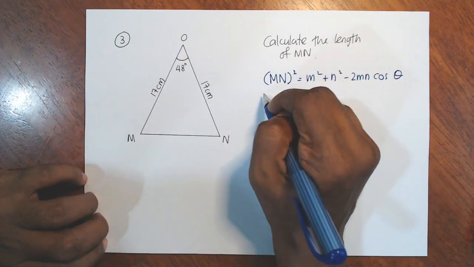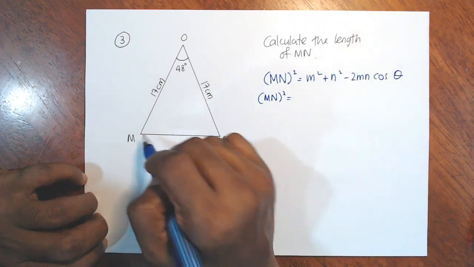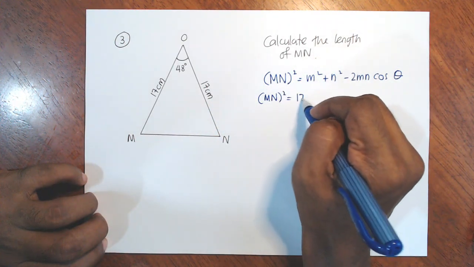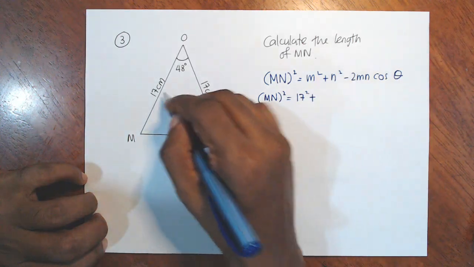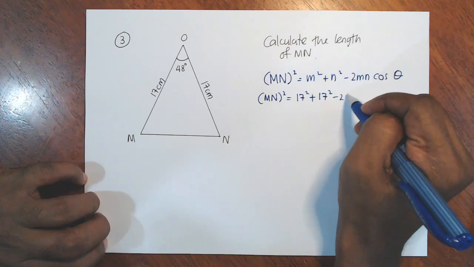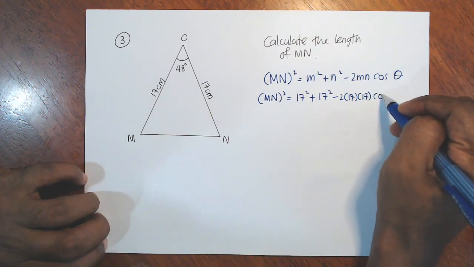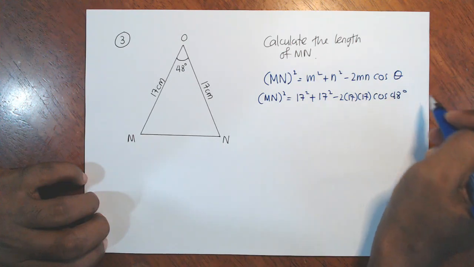So MN square will be, M is this 17 square plus N is this 17 square minus 2 times 17 times 17 times cos 48 degrees.